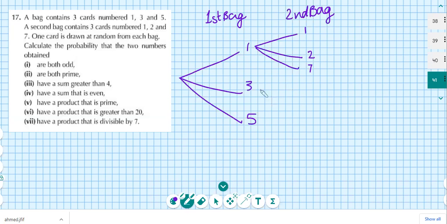Similarly, if the first bag has 3, then there are possibilities of 1, 2, 7 in the second bag. Similarly for 5, it is 1, 2, and 7. So this is the tree diagram for it.